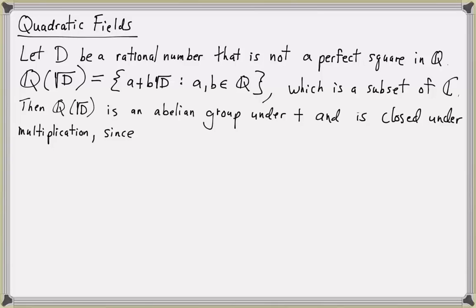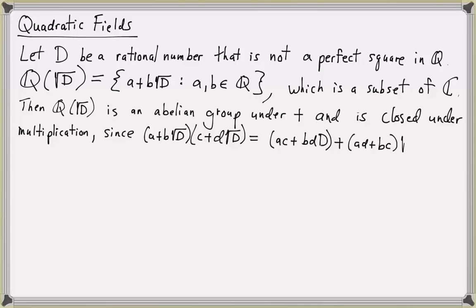And to see this, if we take two arbitrary elements, A plus B square root of D times C plus D square root of capital D, when you FOIL this out and combine like terms, we would get AC plus BD capital D, and then plus the quantity AD plus BC, times the square root of capital D, which is, again, in this set.